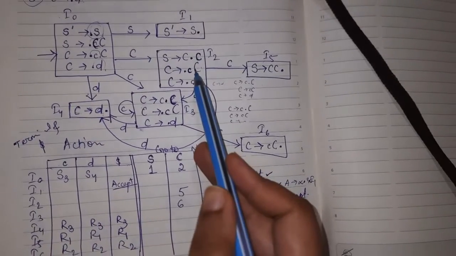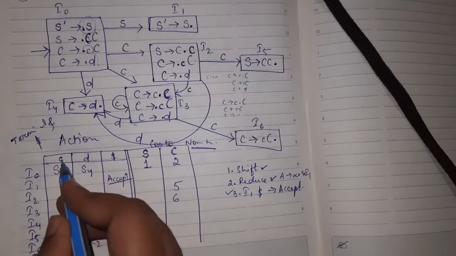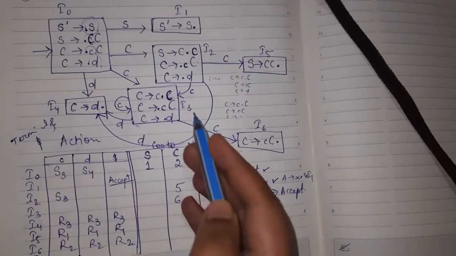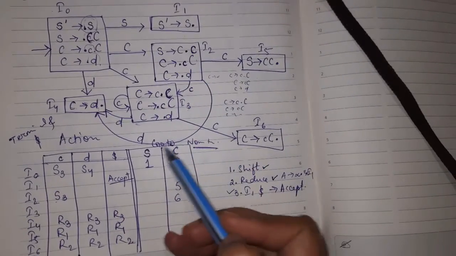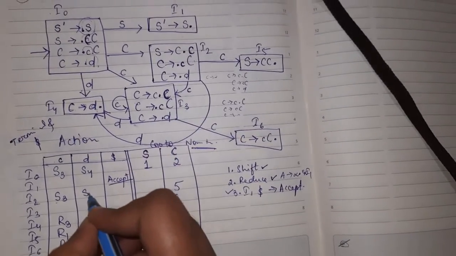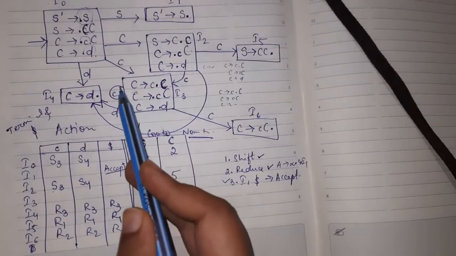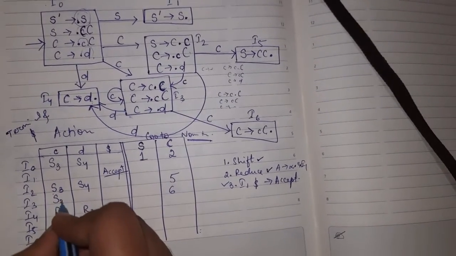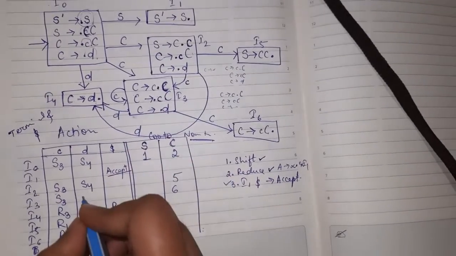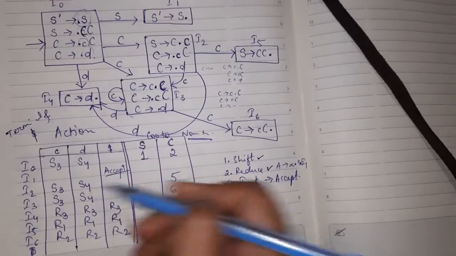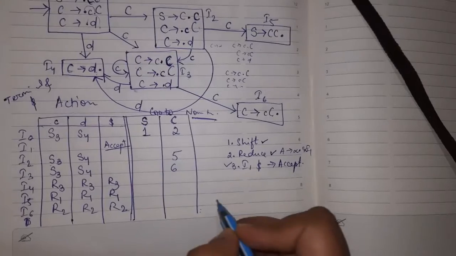For I2 on small c I get I3, so S3, because S is for shift. Then from here if I get d then it's 4, means S4. Similarly on I3, on small c it is the same, S3. On small d it is I4, means S4. So now this is my LR0 parser table ready.